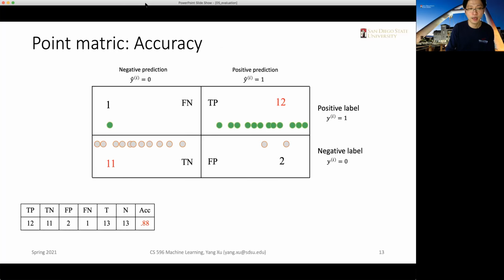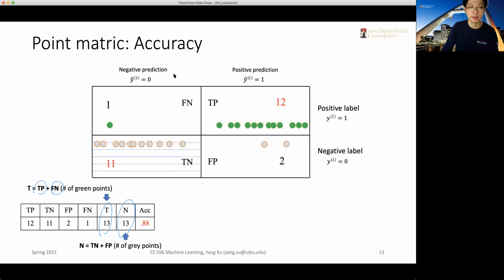If we add the true positive plus the false negative, we have the total number of positive points, which is P, and N is the total number of negative examples. These are just simple summations of the previous columns.